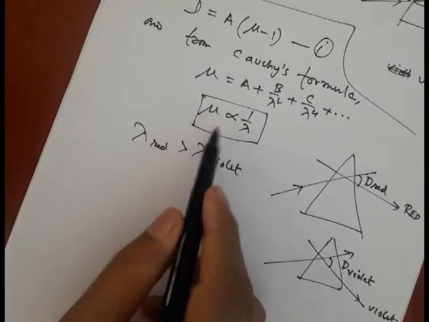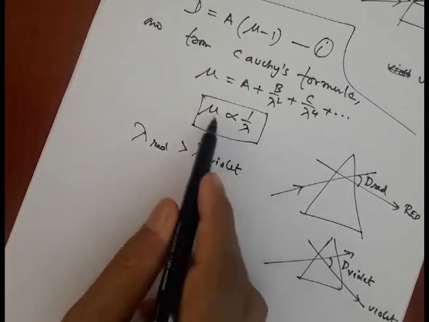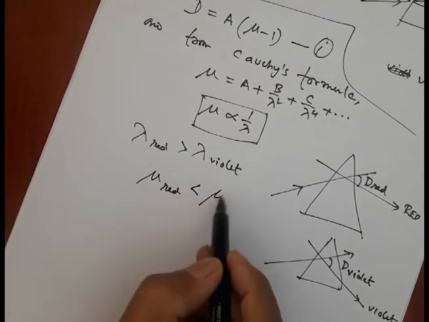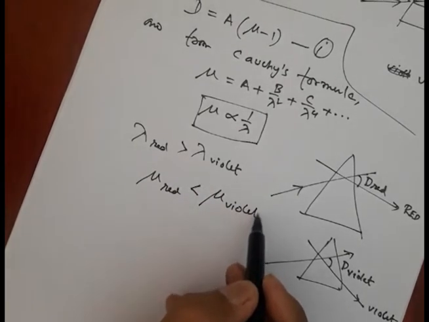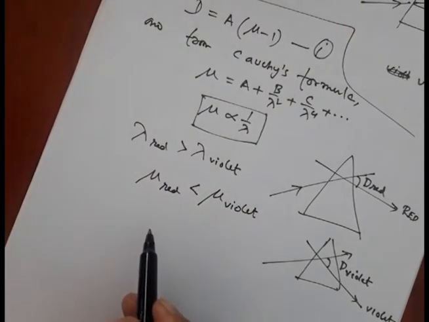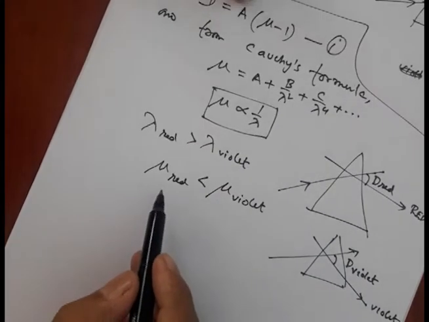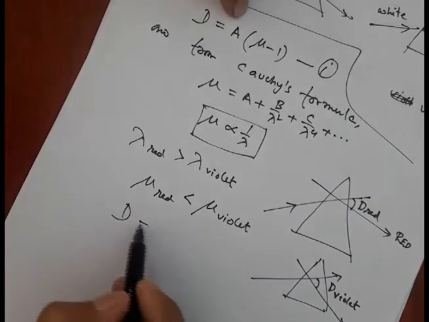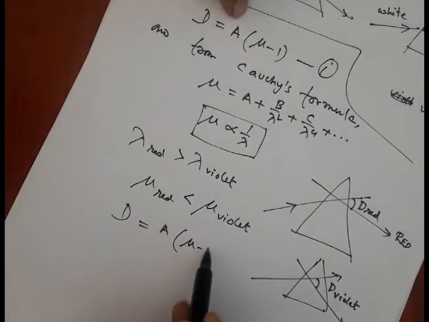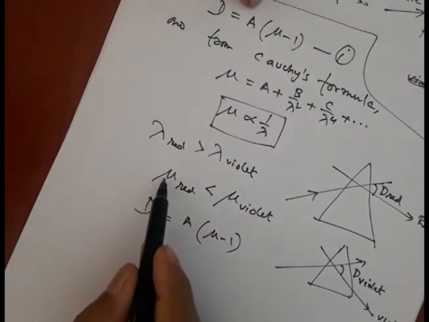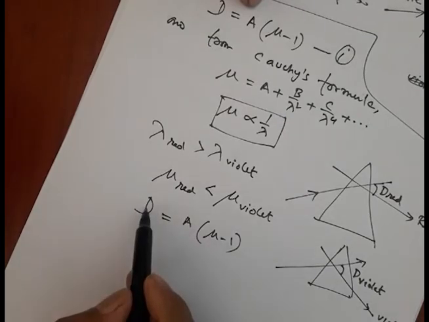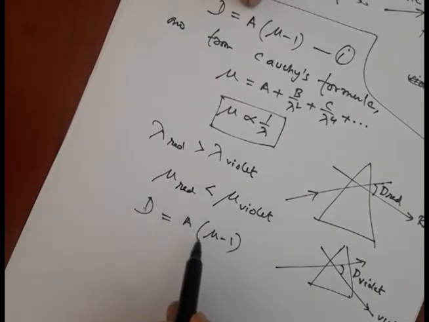So using this formula, when lambda is very large, the refractive index for red is going to be less than the refractive index of violet. And from equation number 1, D is equal to A (mu minus 1). When the refractive index becomes less, the angle of deviation is also less, because these two are directly proportional.